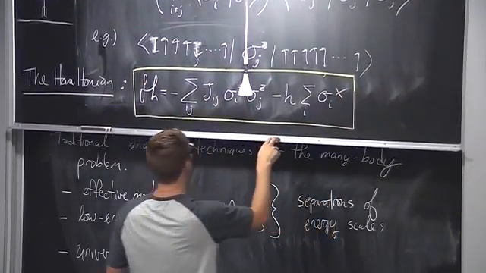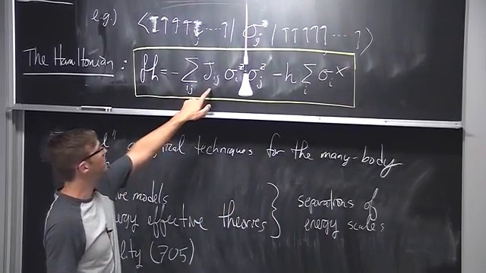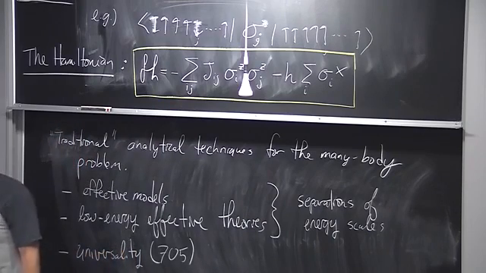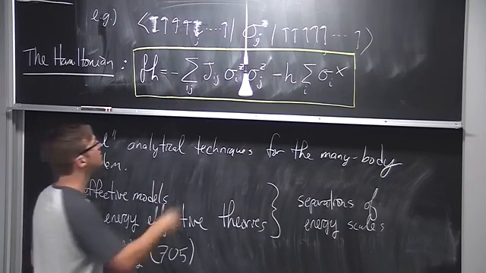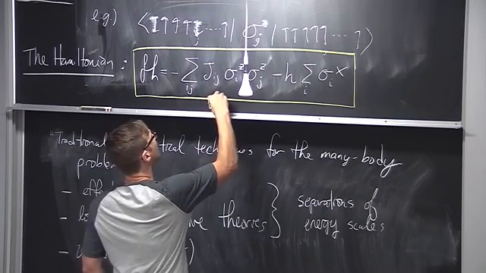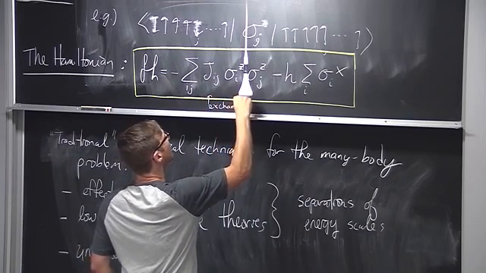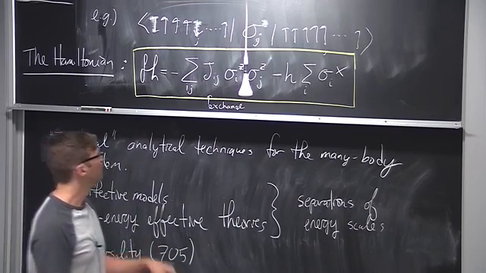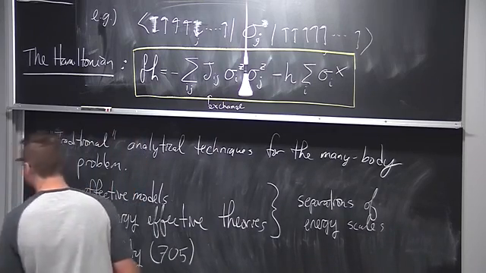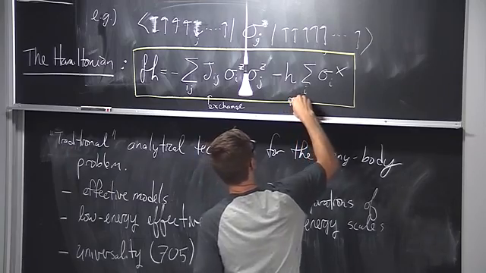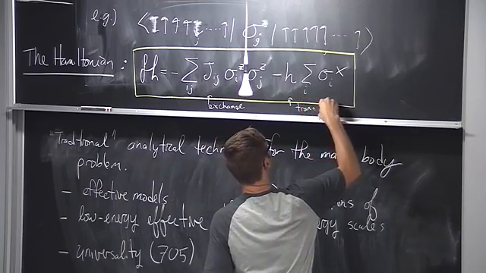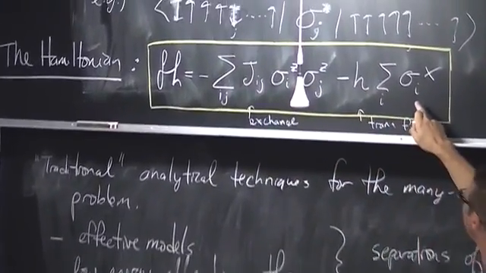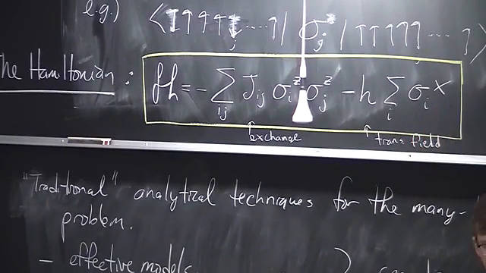Thus called because this is an Ising model. Jij is called the exchange constant, because it operates between two different spins. And h is called the transverse field, and it's transverse because the Ising term has sigma z's, and the field term has a sigma x.